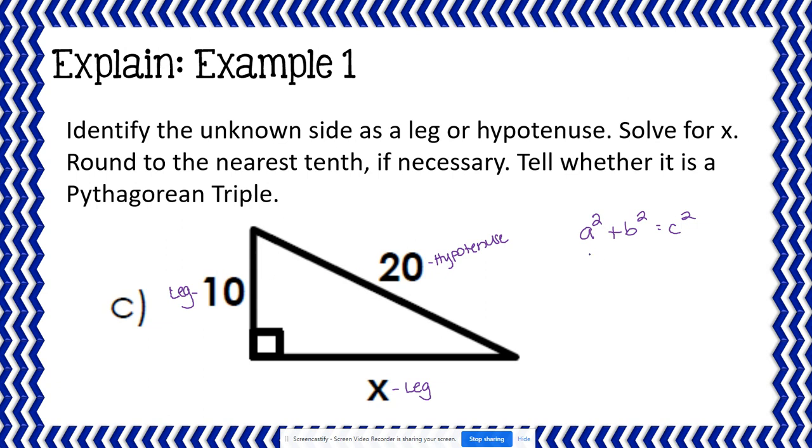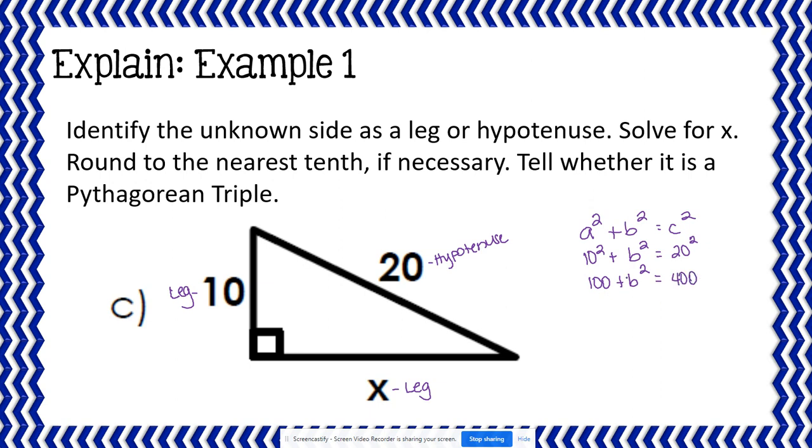My leg is 10, and my other leg I don't know, so I'm just going to leave it as b squared. But this time I know that my hypotenuse is 20. Now I'm going to solve. 10 to the second power is 100. So this is 100 plus b squared equals 20 to the second power, which gives me 400.